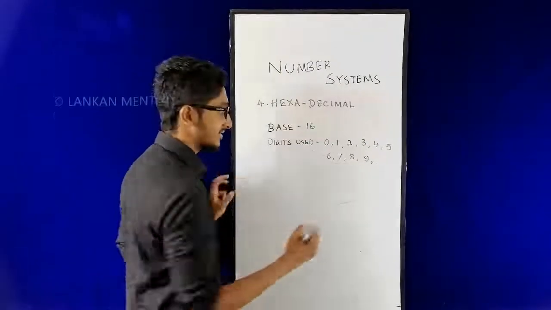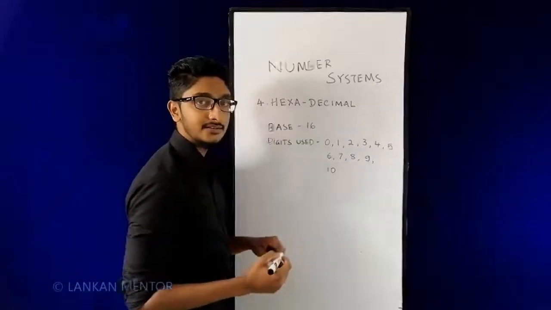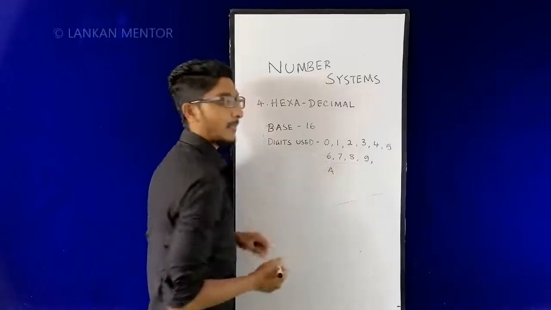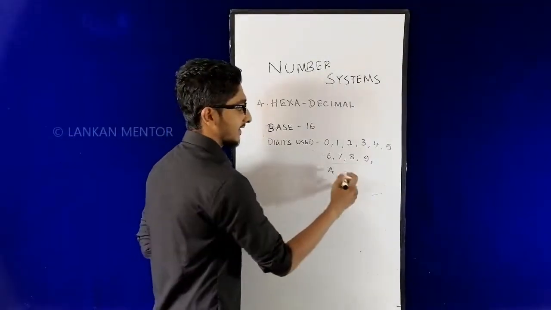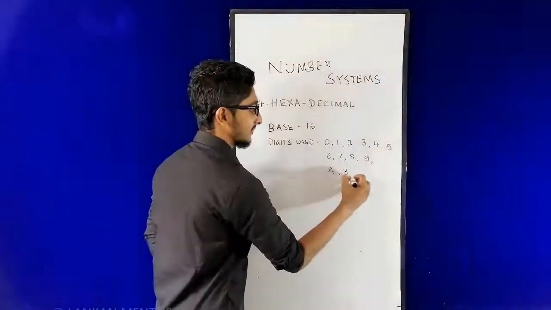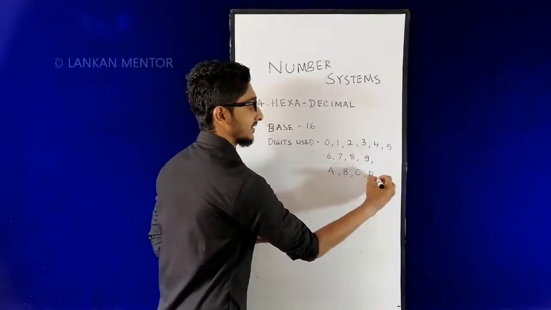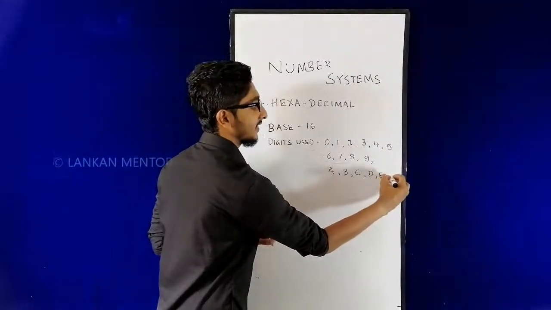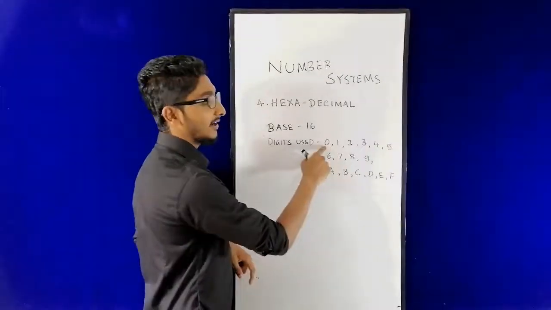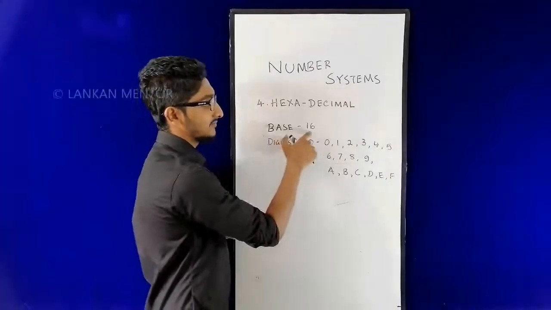Instead of 10, we start with A. So we put A here, right? This is 10. B 11, C 12, D 13, E 14, F 15. So including 0, altogether we have 16 digits.